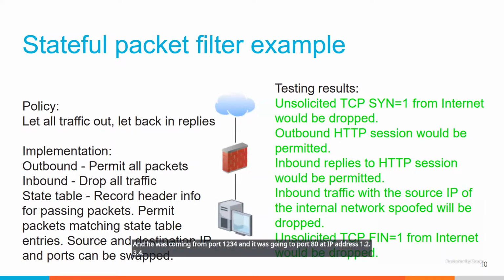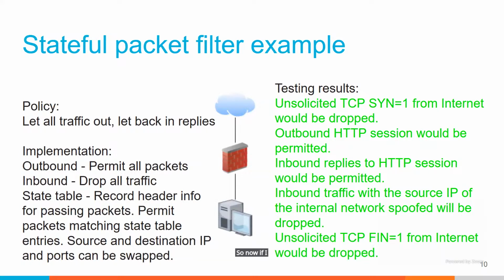So now if I see 1.2.3.4 responding from port 80 to port 1234 at 192.168.1.10, I know to permit that through. But if I see any other IP address trying to hit that port on that system, I'm going to drop it.